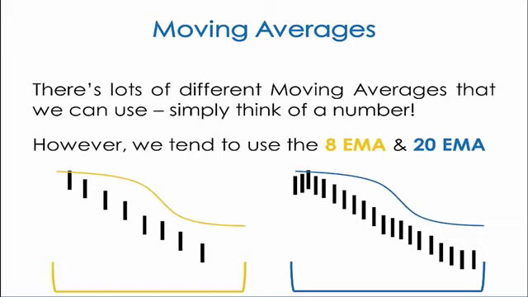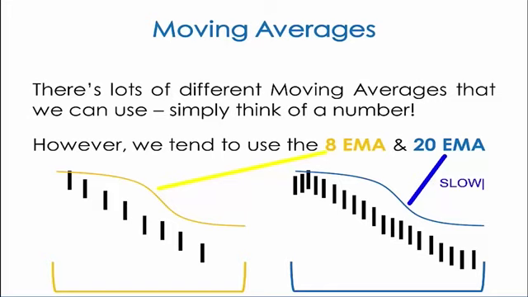Now, we use two moving averages because it helps us with direction. We use the 8 moving average and we use the 20 moving average. You can probably tell by these colours here straight away that the 20 moving average is drawn in blue and the 8 moving average is in a gold yellow colour as well. We refer to the 20 moving average as the slow moving average. It's the slower of the two.